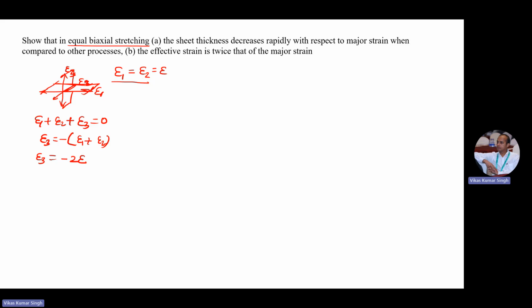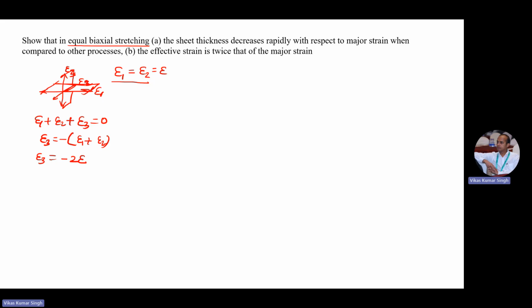What is the physical meaning of this? Epsilon 1 and epsilon 2 are the in-plane strains, and epsilon 3 is in the thickness direction. So this indicates epsilon 3 is twice the in-plane strain.